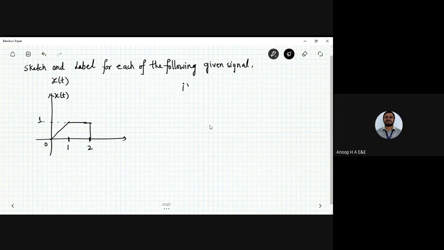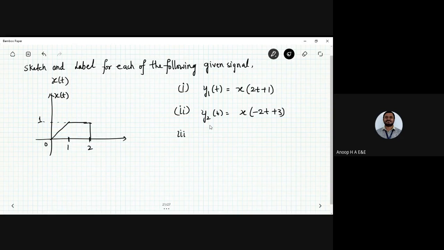So what you are going to sketch right now is y1 of t, that is equal to x of 2t plus 1. Next, this is y2 of t, that is x of minus 2t plus 3.